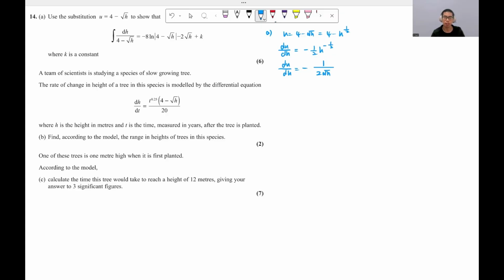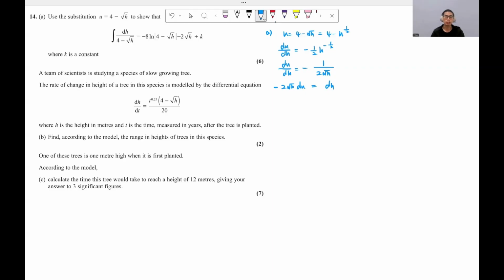in the denominator. So to make dh the subject, we can just times by 2 root h for both sides, and then times by dh for both sides, and also put the negative to the other side. So that means dh is equal to negative 2 root h du.